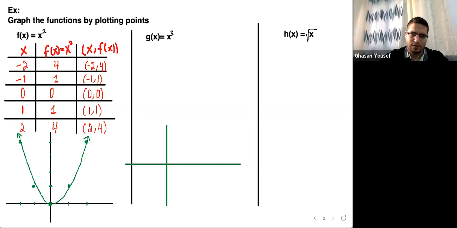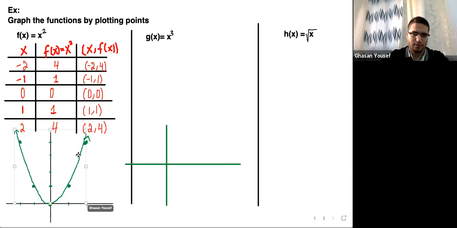This is the curve of this function. Like this, around like that. Here is the point.